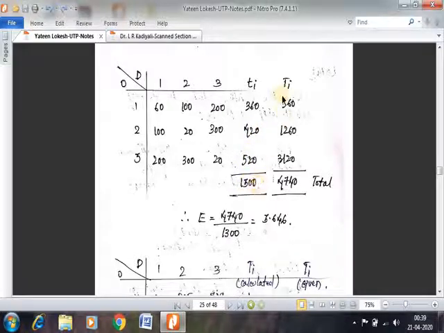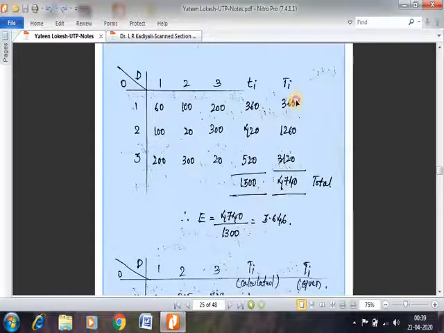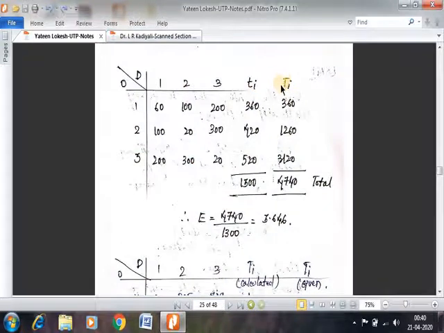Now on the other hand, as I told you, you would be given the target future number of trips that are expected to happen. For zone 1 in future there are expected to be around 360 trips.